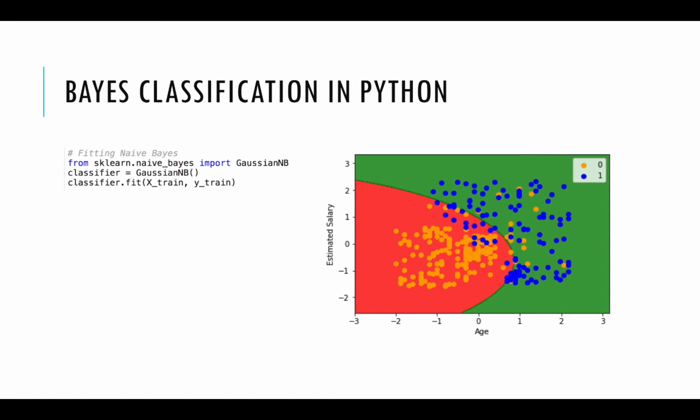Using Bayes, we can use Python very easily, and it's almost just 3 lines to train the model and then predict the new data. Using the Bayes classification, we can see the boundary between the two groups is not linear, but a curve. So it's a better classification method than the linear classification.